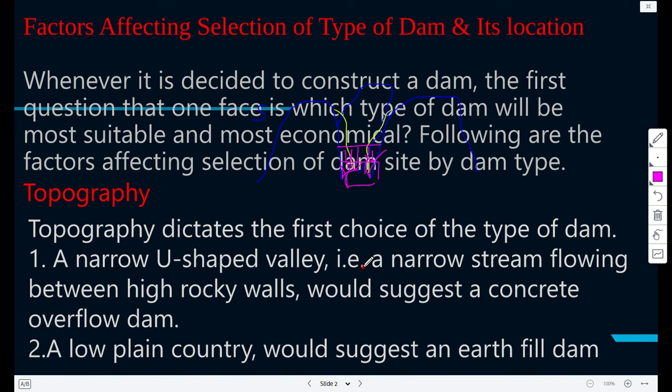But the important thing here is the topography, because you are looking for somewhere that you can easily impound water and is confined.